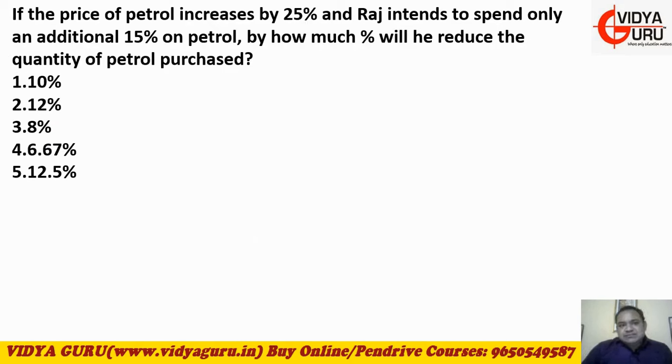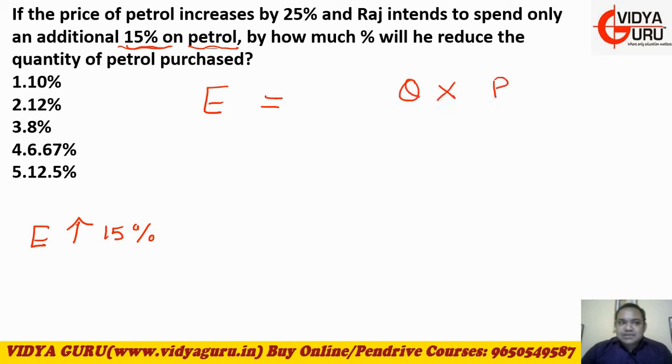If the price of petrol increases by 25% and Raj intends to spend only an additional 15% on petrol. So this time expenditure is also going up by 15%. Question is, by how much percent will he reduce the quantity of petrol purchased? So expenditure is equal to quantity into price.